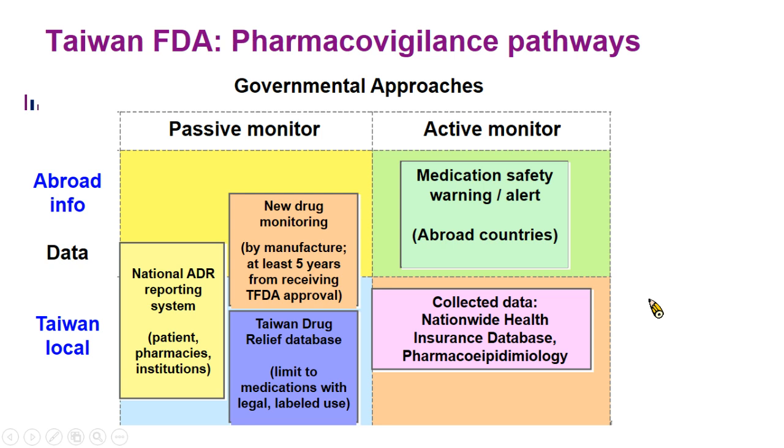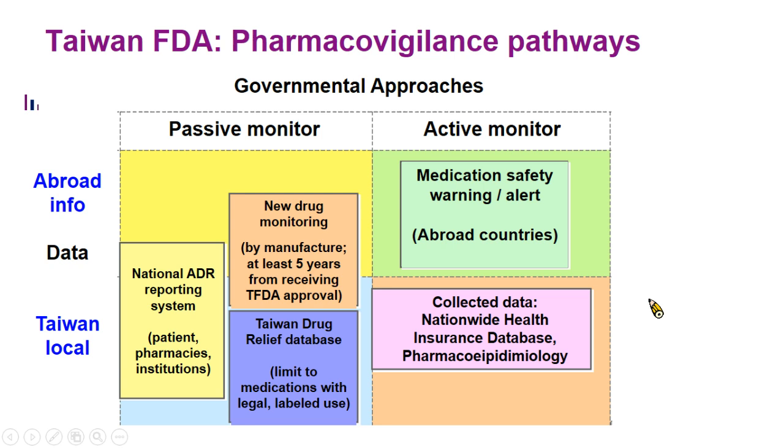Okay, so after introducing the possible pathways, let's look at what Taiwan's FDA, or in short TFDA, does as their official tool to do the pharmacovigilance. So this is the slide I modified a bit, translated from Mandarin to English.